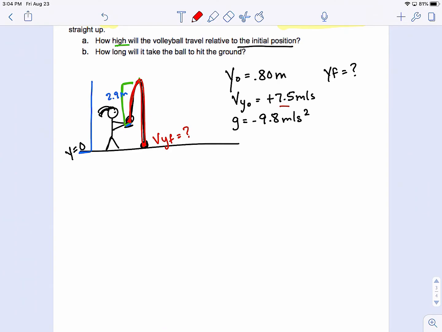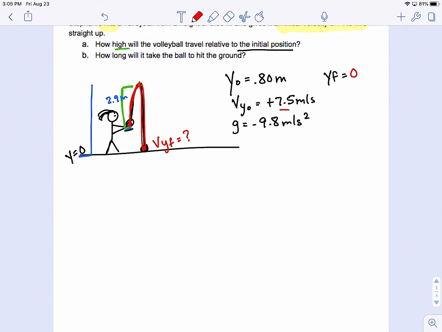We can say now that the final position is 0. We're looking for time. You could use the quadratic formula to solve for time. Instead, I'm going to separate into two problems. I'm going to first find the final vertical velocity, and then from there, solve for time.